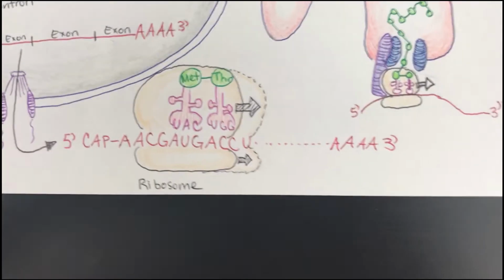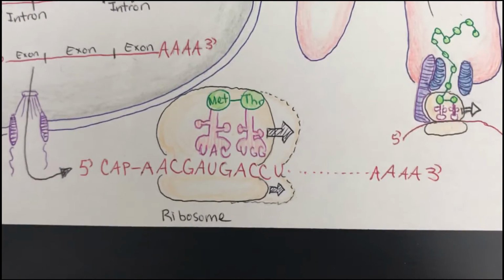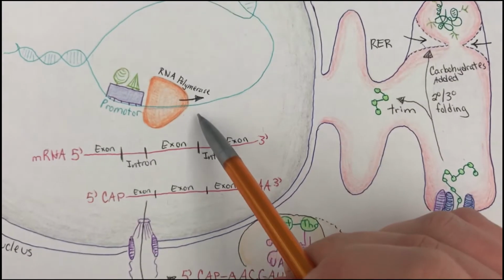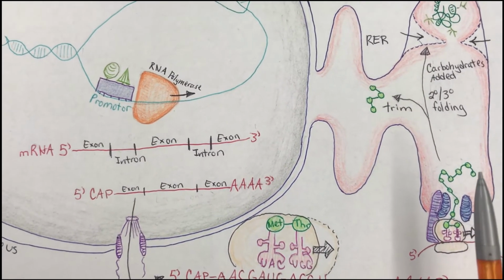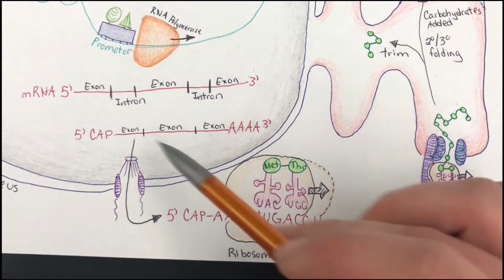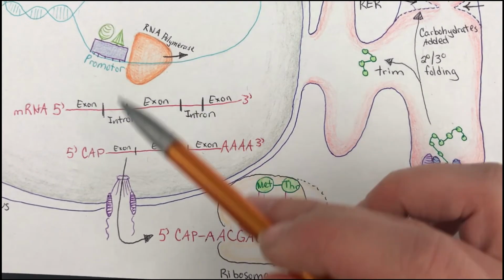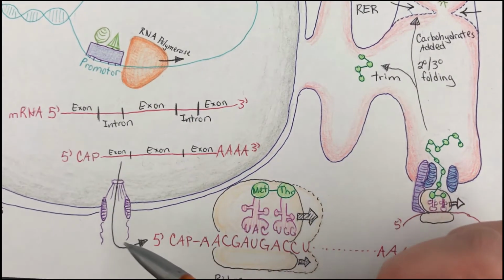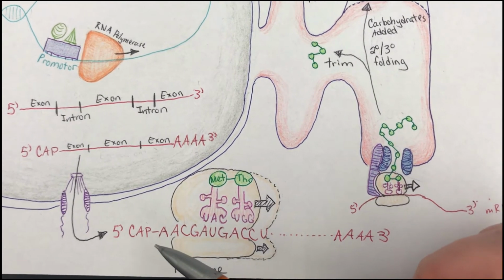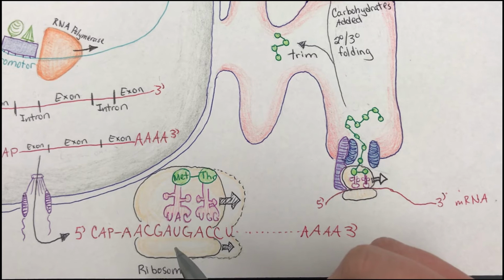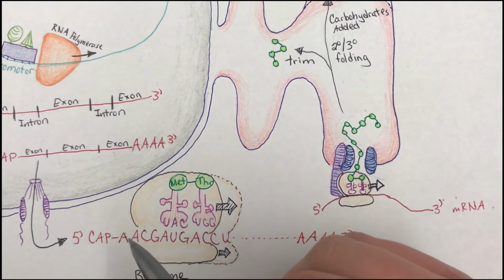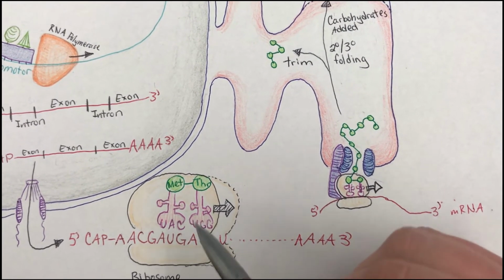Let us go back down to our ribosome here. Again, we have transcribed an mRNA copy of the DNA up here, processed it. That transcript, that copy, exited out of the nucleus into the cytoplasm. In the cytoplasm, the ribosome essentially slid along the mRNA looking for the start codon.